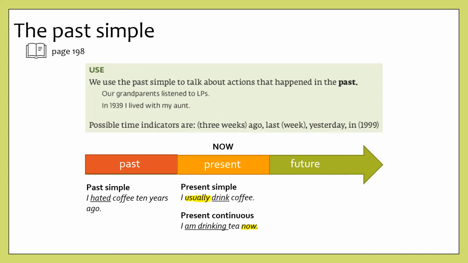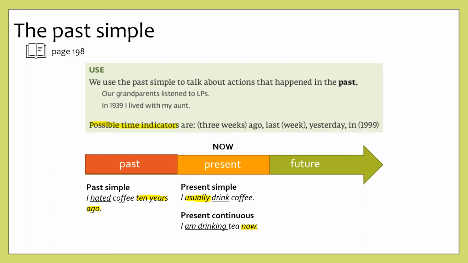The past simple is our first tense to talk about the past. Spreekt over het verleden. I hated coffee 10 years ago. En dit is een woord, of een reeks woorden, die erop wijst dat het in het verleden gebeurd is. Dat zijn hier die possible time indicators.